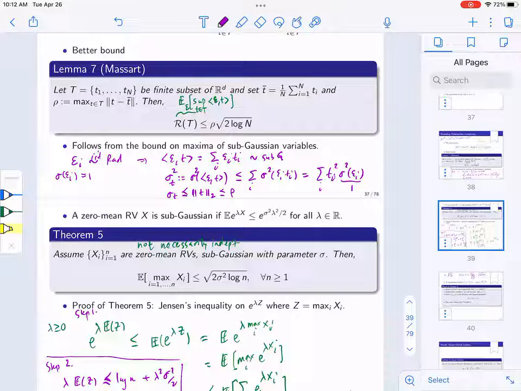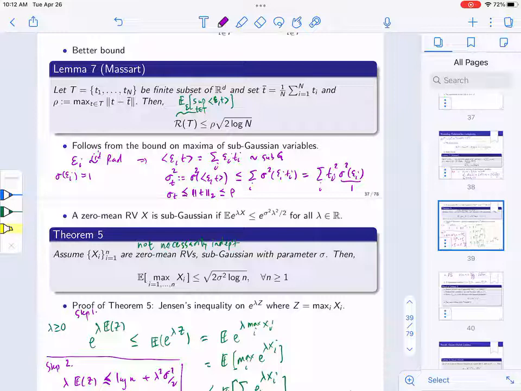There's a little argument here that without loss of generality, I can assume that this t bar is 0. Why? Maybe. Yeah, it's invariant to shift. So I can just shift it to t bar, and so rho would be the maximum norm of t in that case. So that's bounded by rho.